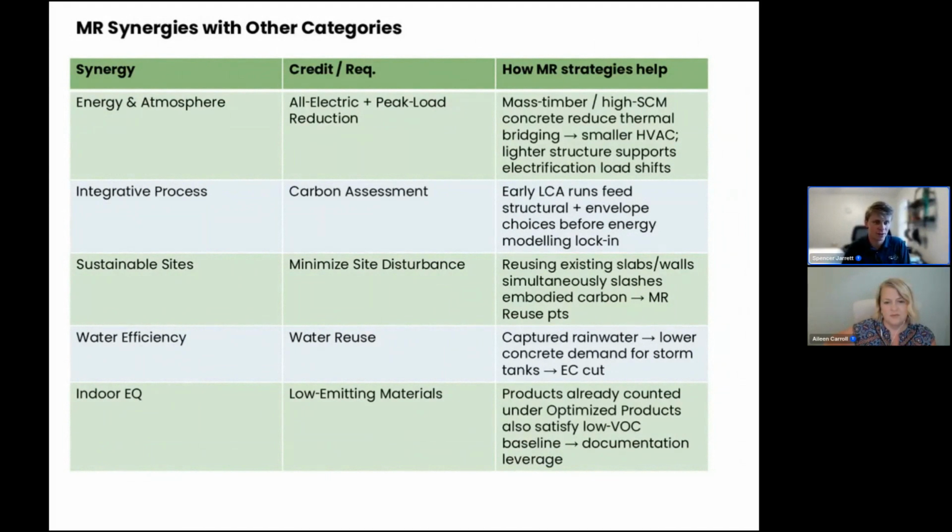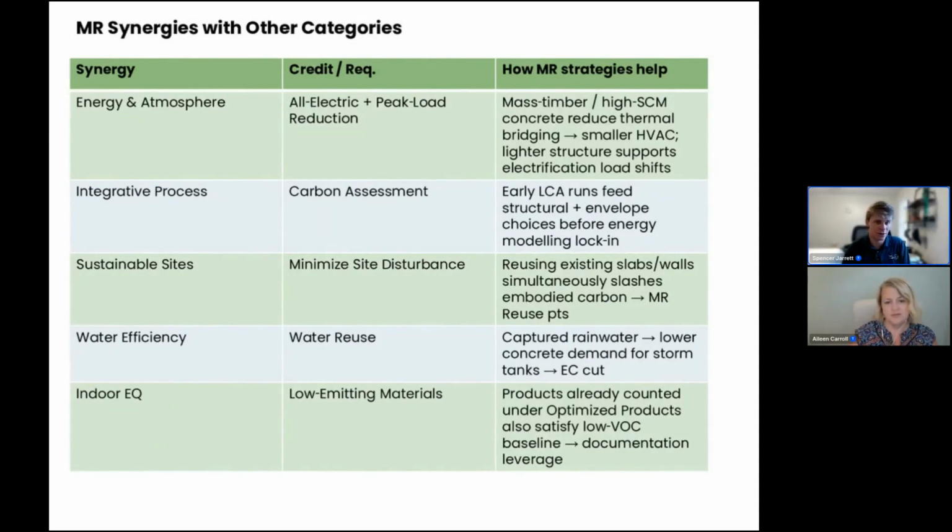I mentioned earlier there is an IP, integrated process prerequisite for the carbon assessment, and that definitely feeds right into the other MR credits. So that prereq again requires you to do an early LCA before schematic design to sort of identify hotspots and work down from there.